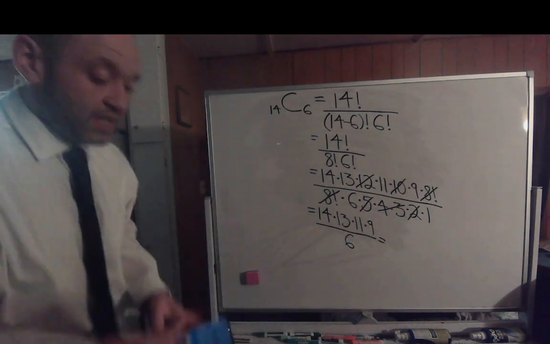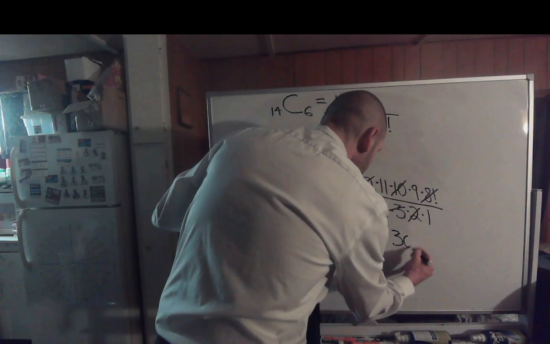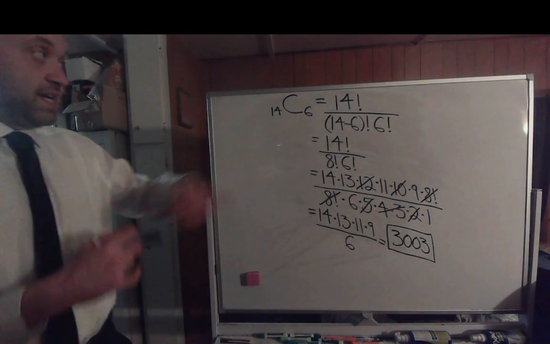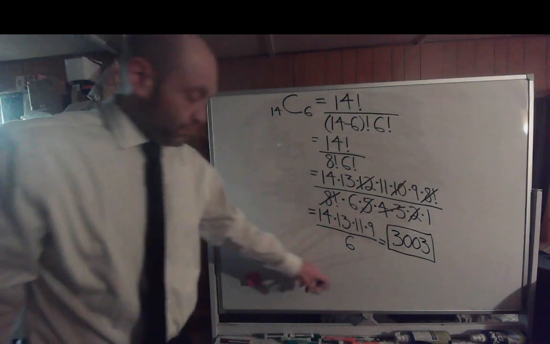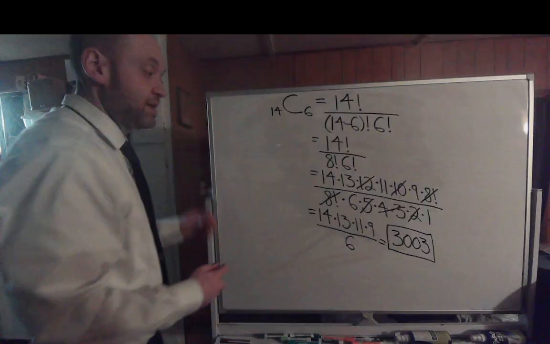So you get 3,003 possible combinations. So if you have the combination of 14 items taken 6 at a time, you get 3,003 possible combinations.